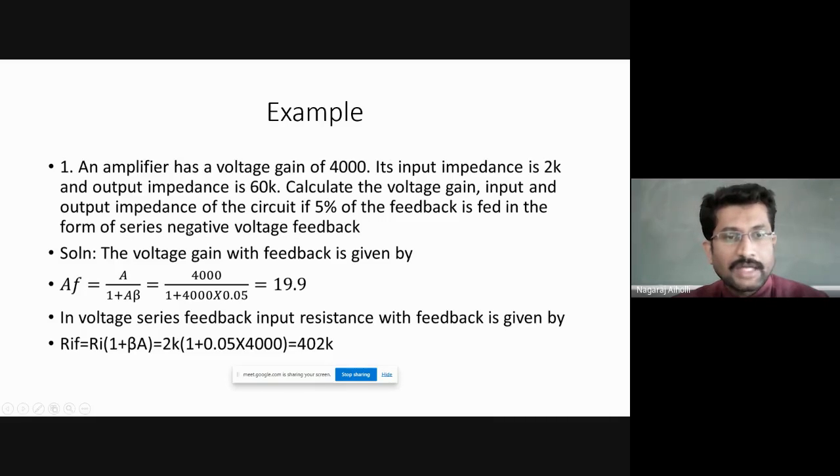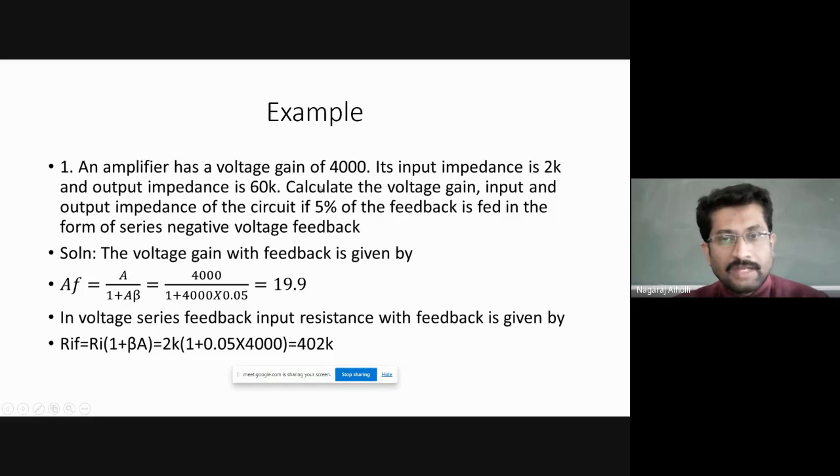As it is a voltage series feedback amplifier, the equation for voltage gain with feedback is given by AF is equal to A divided by 1 plus A beta. Note down the equation.